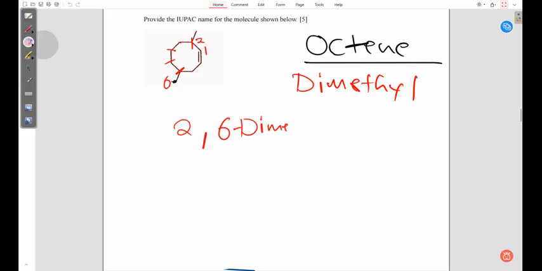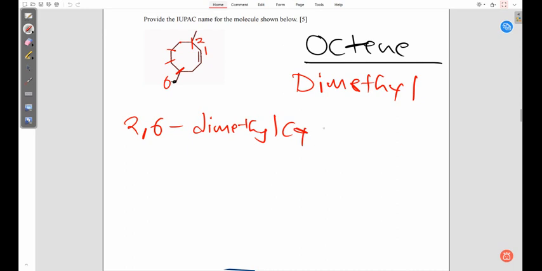Actually, I prefer small letters for the prefixes. 2,6-dimethyl, and then the parent structure is cyclooctene. The moment you see ene there, it implies in this case that on position 1 of the compound, that's where we have that double bond existing. That's the simple IUPAC name for that structure.